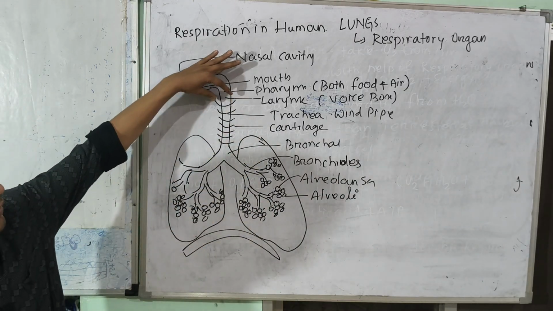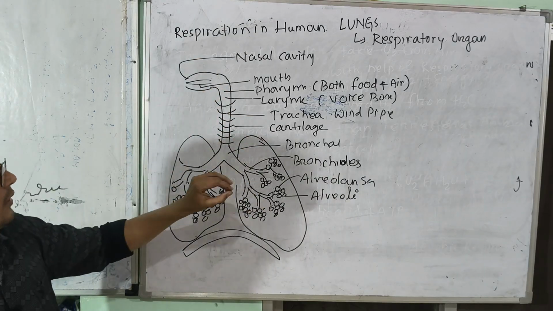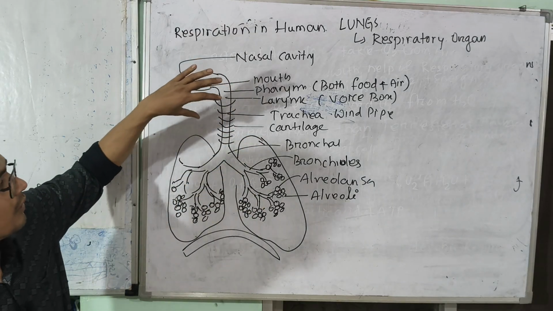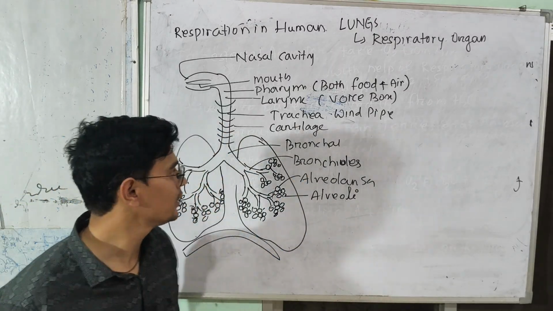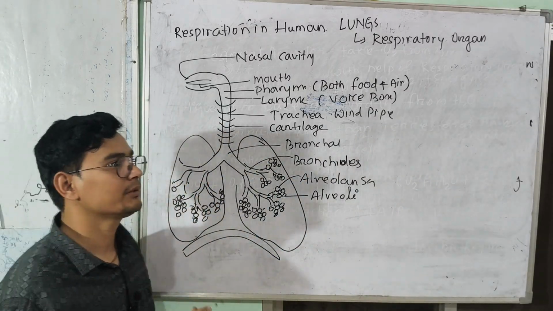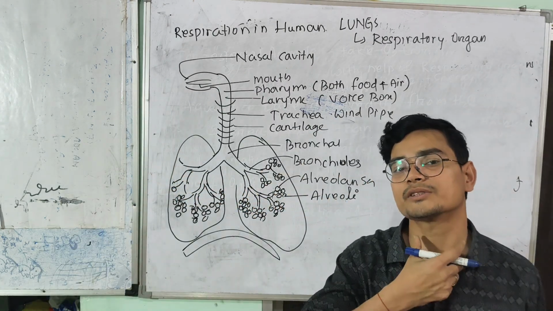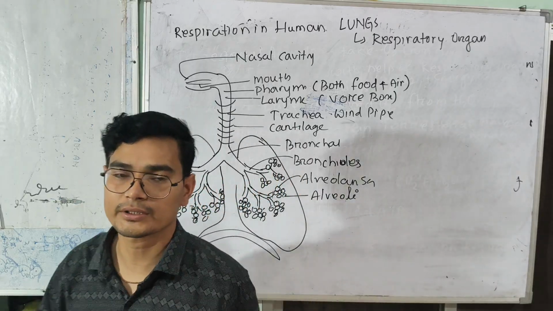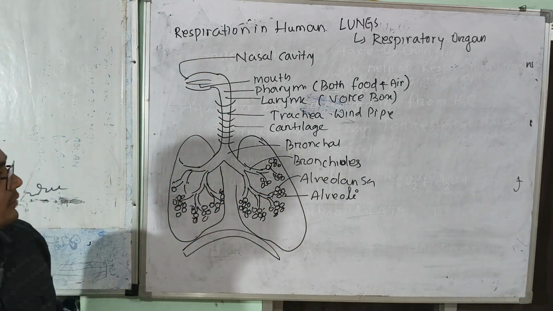Next, the trachea, also called the windpipe, where air flows, and the trachea is covered with some cartilaginous bone, C-type, जैसे हमारा क्लैम्प करते हैं पाइप को तो सी टाइप का रहता है, ऐसे यहाँ पर सी टाइप का क्लैम्प है, for the protection against the collapse of the trachea.